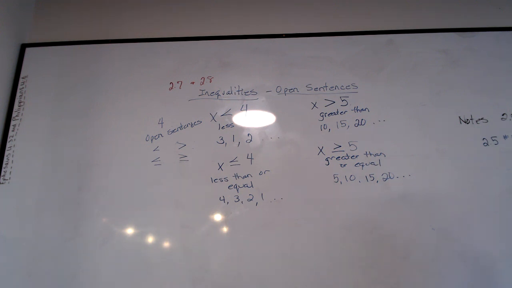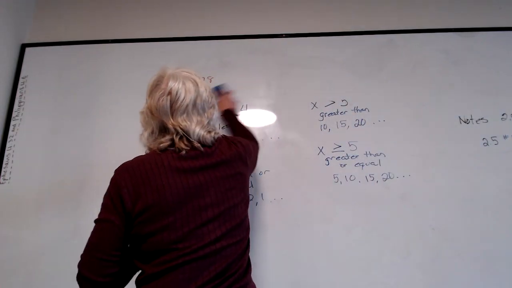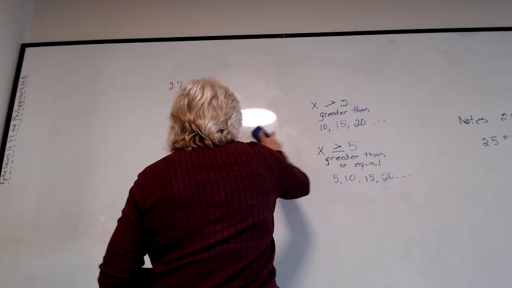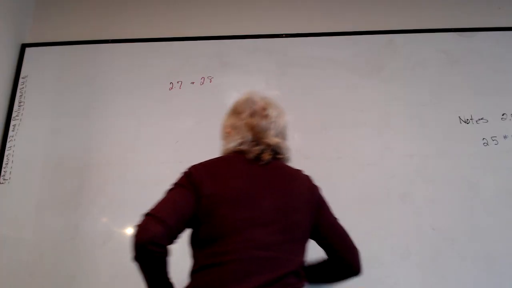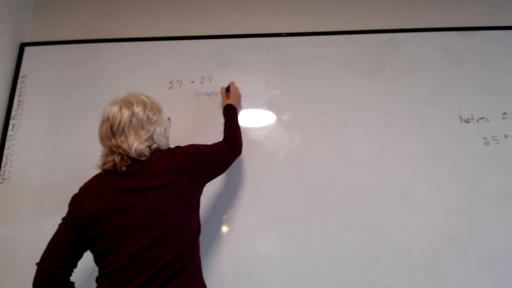Are we going to now do 2-8? Yep, we're going to do 2-8. I'm just waiting to see if everybody's got that down. So again, I'm going to assume you can refer to this tomorrow. That's why you take notes. So the next part, 2-8, is graphing inequalities.